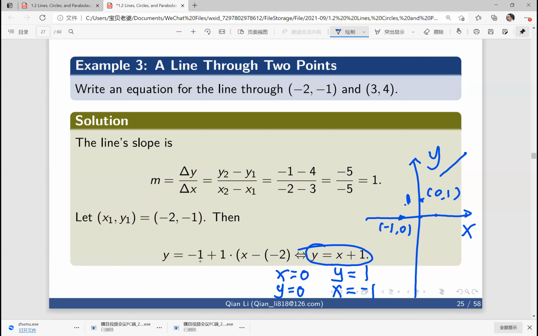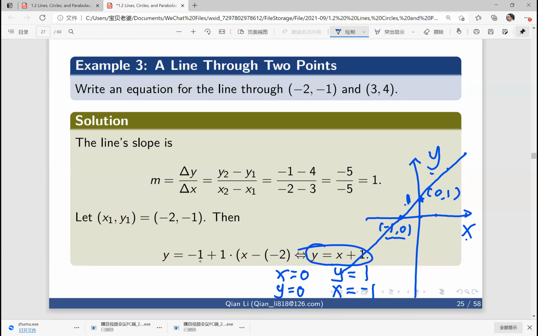So the picture of this line will be like this, right? So this line intersects the y-axis at (0, 1), and intersects the x-axis at (-1, 0) at this point.